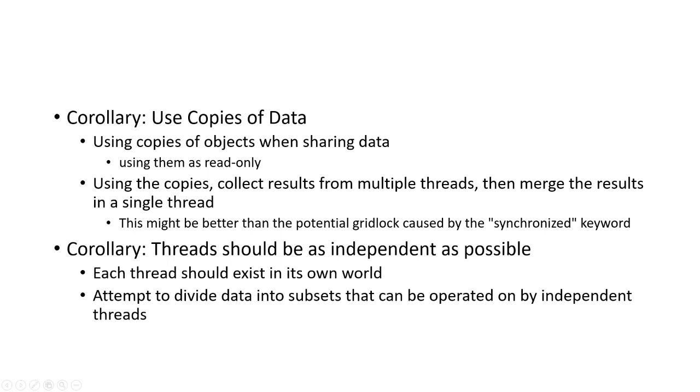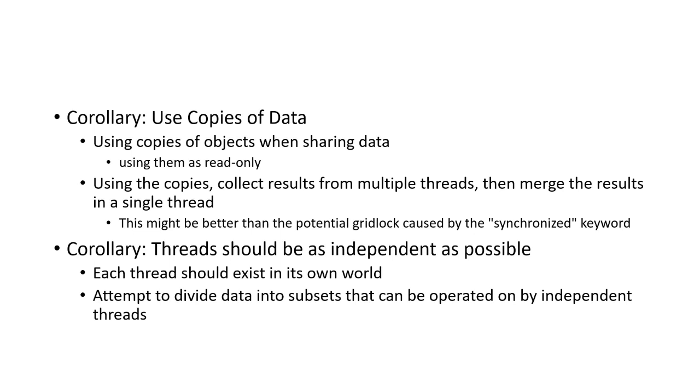But again, another principle is that instead of using the synchronized keyword, which has its issues on its own, it's not a general fix-all. It's not going to solve all your problems to use the synchronized keyword. It's probably sometimes better to use copies of data. So if you are going to share data amongst threads, it's better to use copies of objects instead of the actual object.